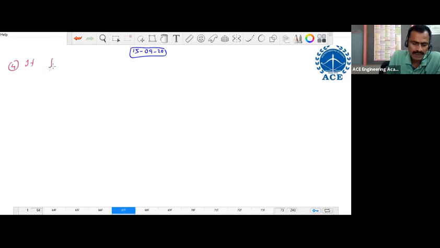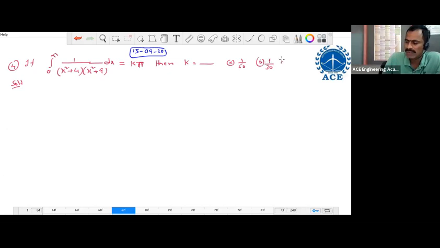If integral 0 to infinity 1 by x square plus 4 into x square plus 9 dx equals k pi, then k equals. Option A 1 by 60, option B 1 by 30, option C minus 1 by 60, option D minus 1 by 30.